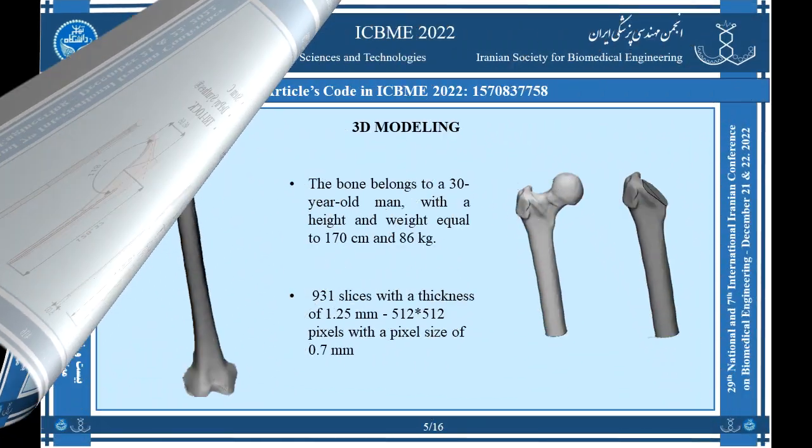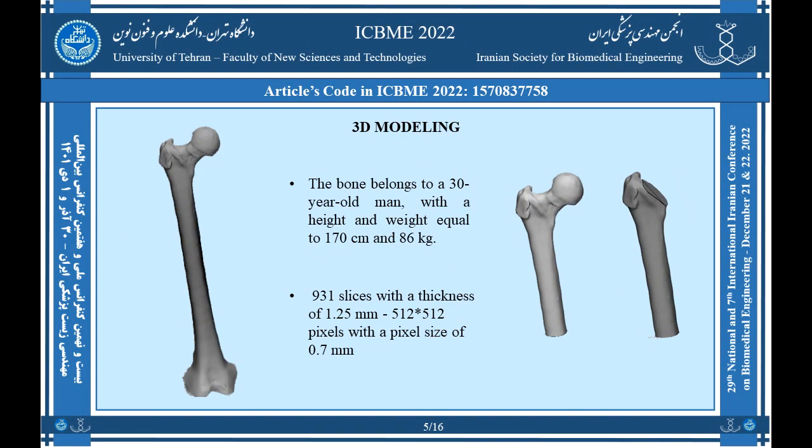To create a 3D model of the bone, the CT scan images of the femur bone that belongs to a 30-year-old man with a height and weight equal to 170 centimeters and 86 kilograms were used.